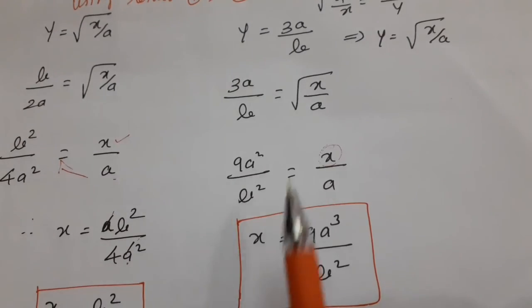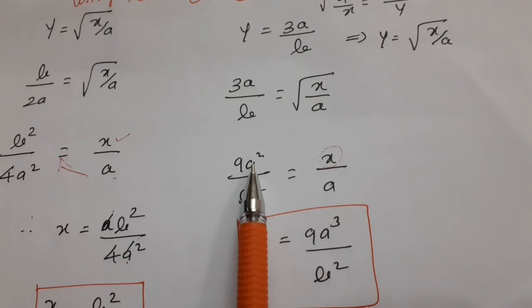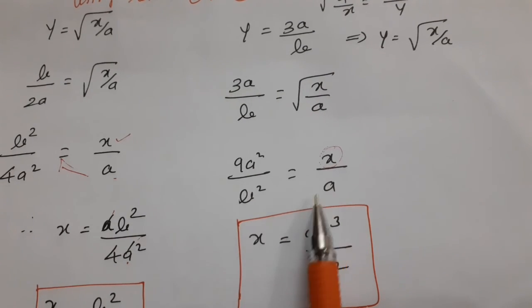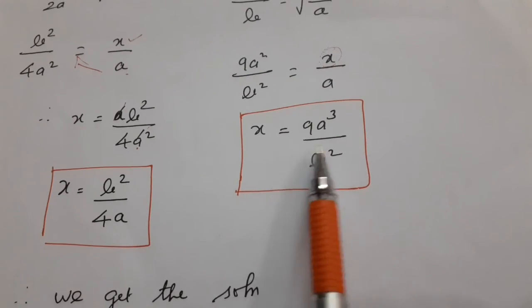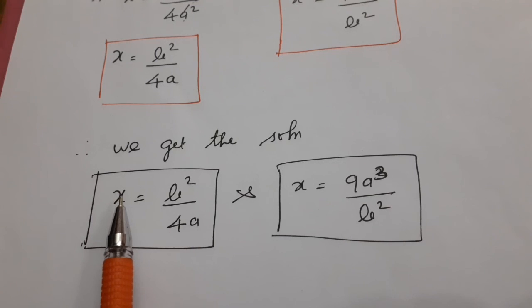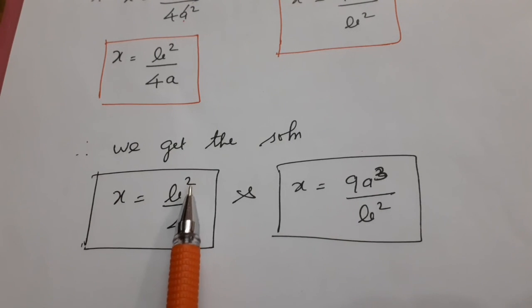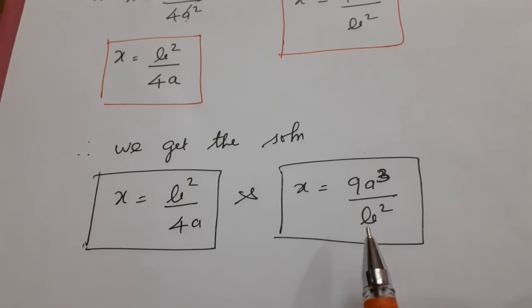If we want to remove the square root, squaring on both sides we get 9a square by b square equal to x by a. After simplification we get x is equal to 9a cube by b square. Therefore, solve means we find the value for x: x is equal to b square by 4a and x is equal to 9a cube by b square.